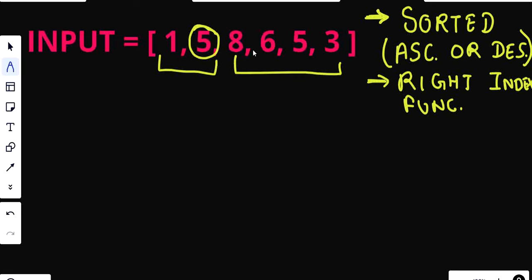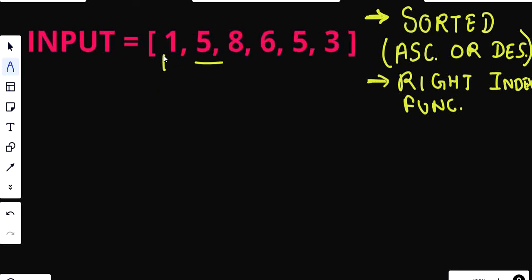I'm constantly saying numbers, so don't get confused by that. I only mean permutation. So the next permutation will be somewhat like 1, 6 and so on.